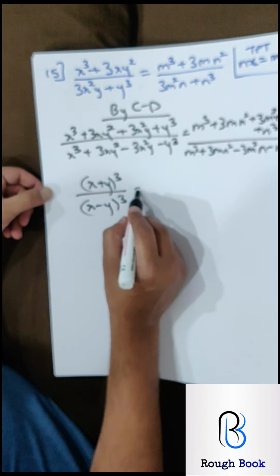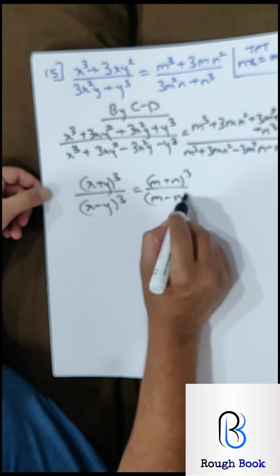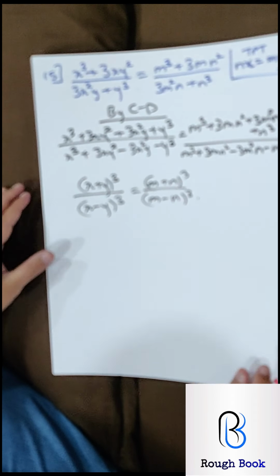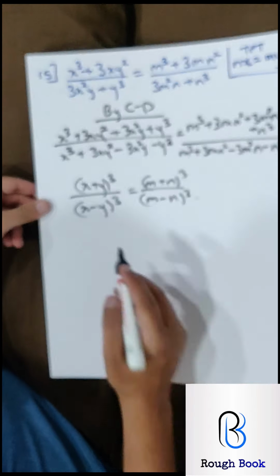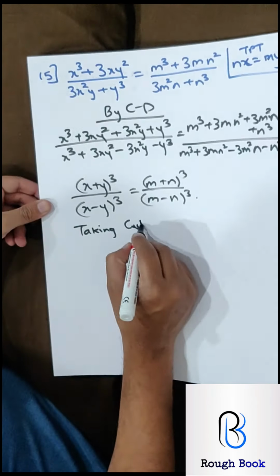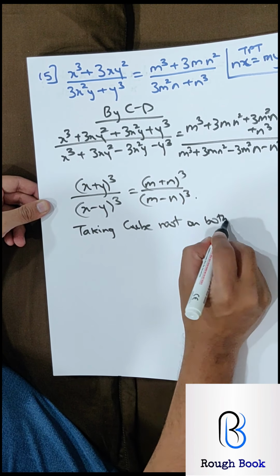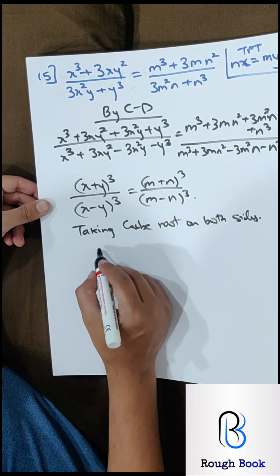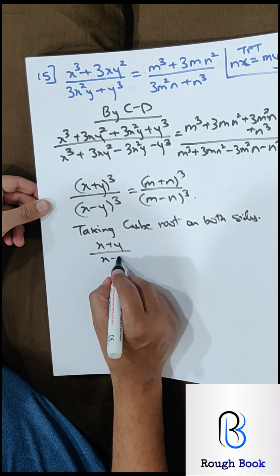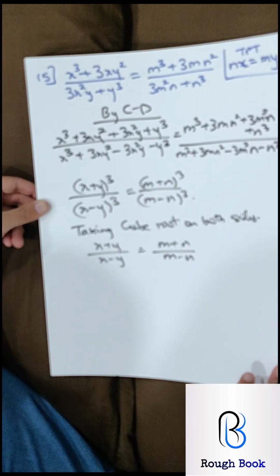Denominator, likewise m plus n, m minus n. In this year's board paper we had a sum like this, so you had to take this. Further, to reduce it we are trying to take the cube root on both sides. So when we take the cube root, this will be x plus y, x minus y, m plus n, m minus n.